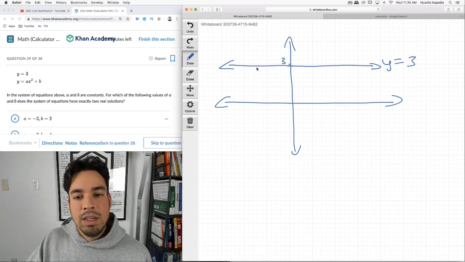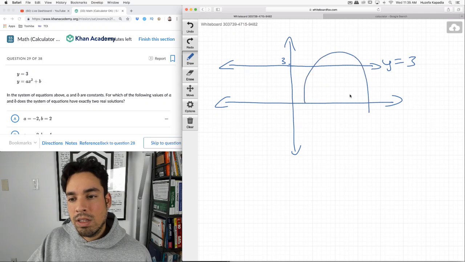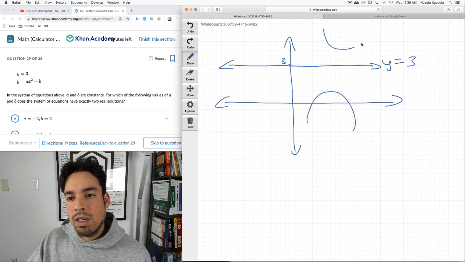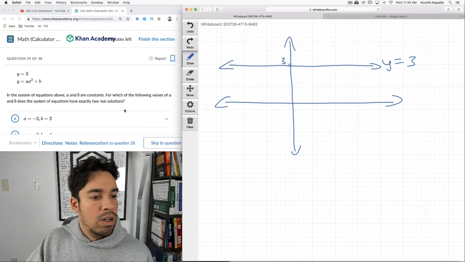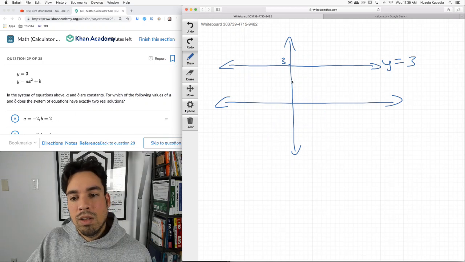For it to have two solutions, the parabola needs to go like this, or like this. It can't go like this, and it can't just touch either. So a equals -2 means it's going down, and b equals 2 means the y-intercept is right here and it's going down. A won't work, it'll miss it.